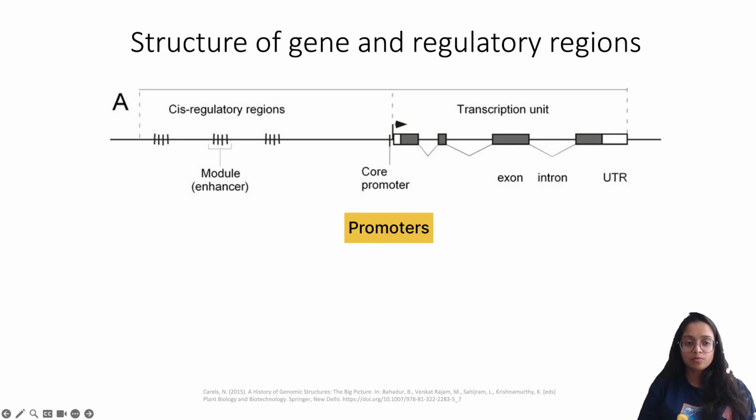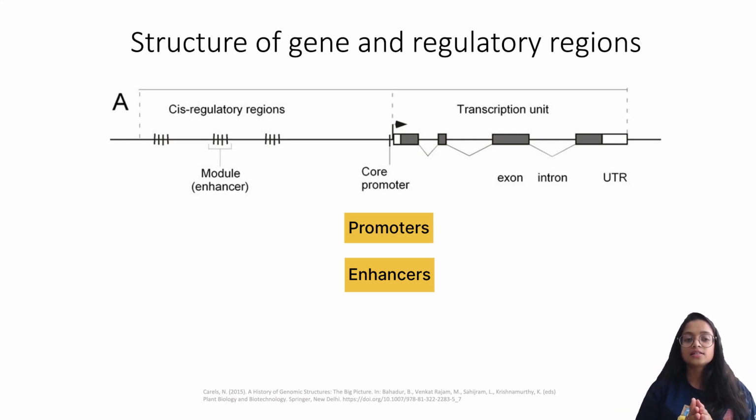Talking about promoters, promoters are the most important regulatory region in a gene, and they are located upstream of the transcription start site, and they contain sequences that bind to transcription factors, which are proteins that regulate the transcription. Now there are enhancers, which are regulatory regions that can be located anywhere in the genome, but they are most often found upstream of the genes.